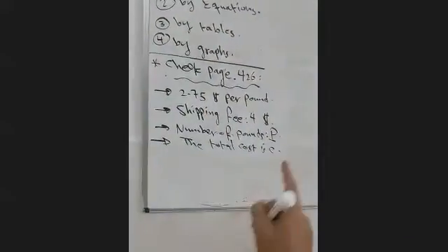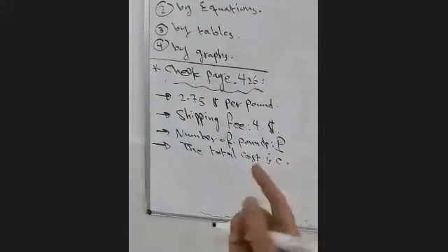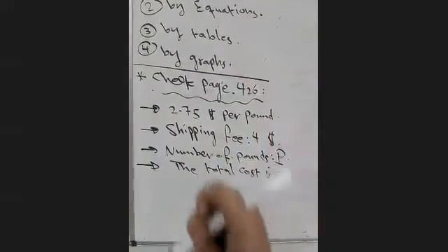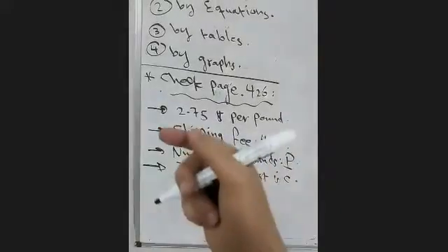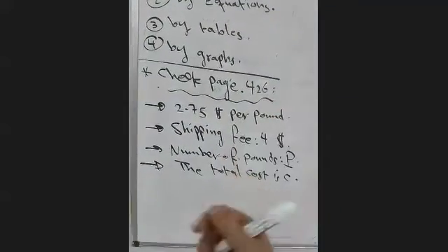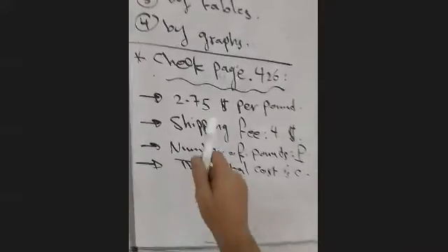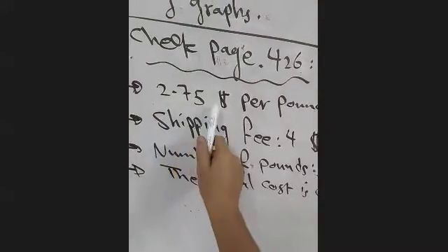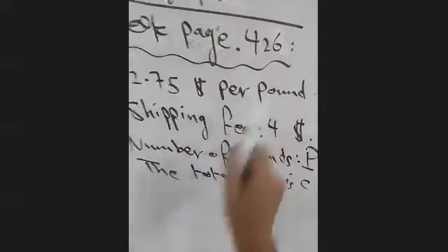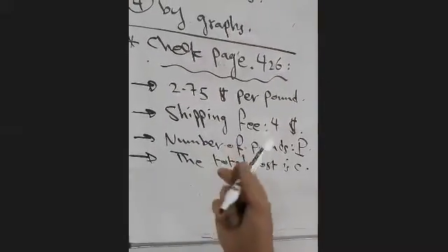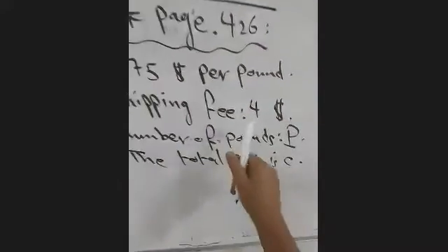Let's talk about the question as a whole unit. There is an online store, and each pound you buy from this online store, you will pay $2.75. And the shipping fee, as we said, in Arabic means رسوم التوصيل, is $4.